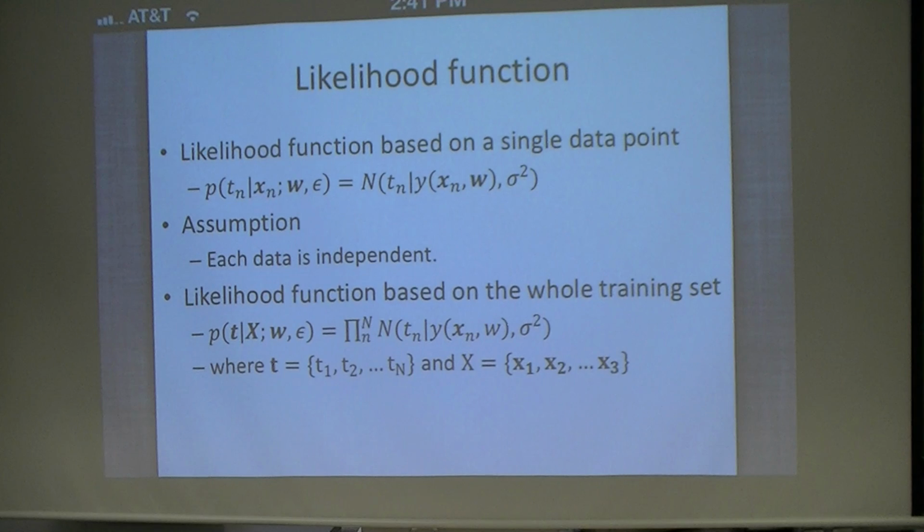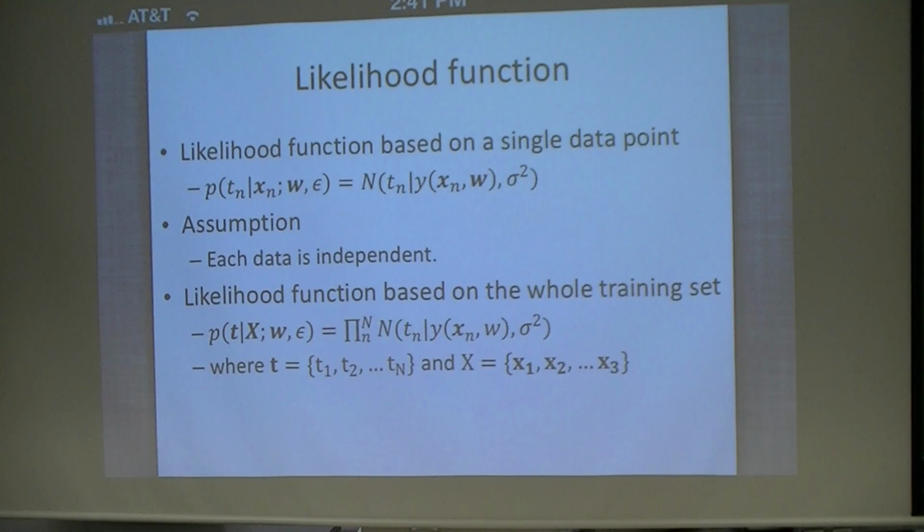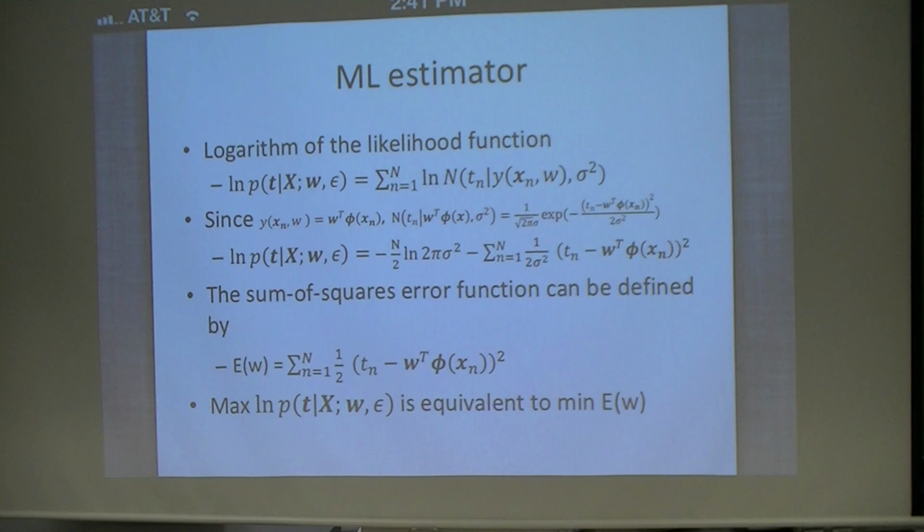Here t is a vector, the set of all the training labels, and x is the set of all the input variables. Since directly maximizing this likelihood function is not easy, we take the logarithm of the likelihood function. Maximizing the logarithm of the likelihood function is equivalent to maximizing the original likelihood function.